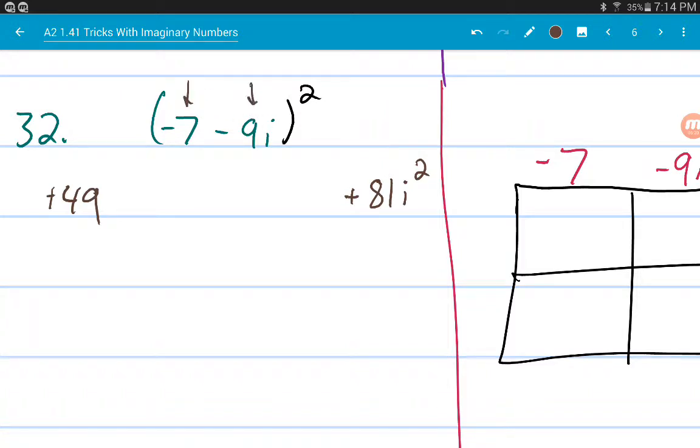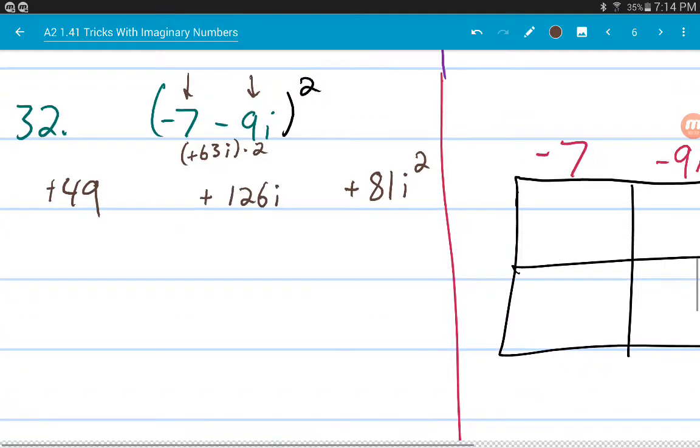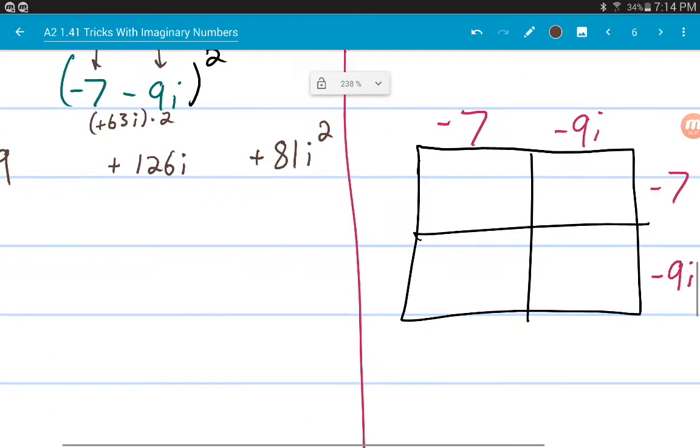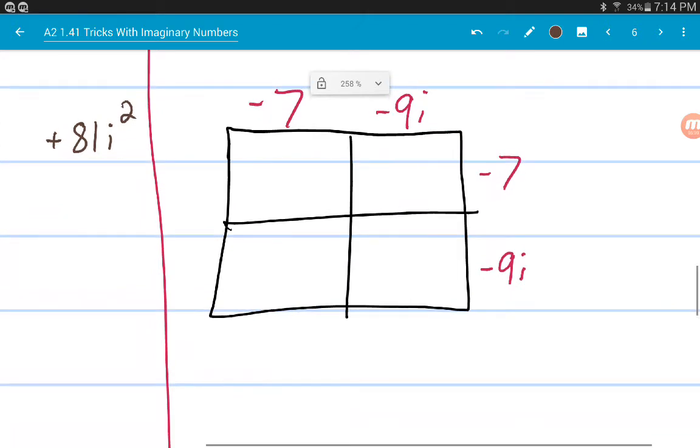So this times this, we're going to get positive 63i. And then you need to multiply that by 2, so I get plus 126i. Now that needs to be simplified, but I'll do it in a sec on the right-hand side, because I want to show how to do it with the box method too.